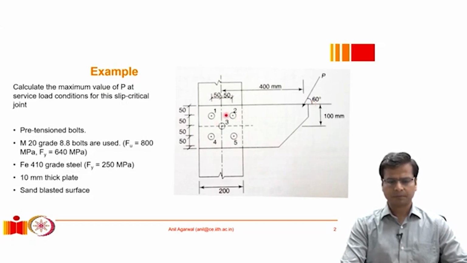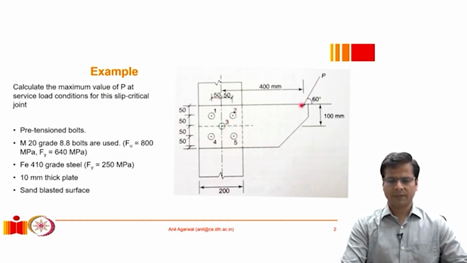So the connection between the column and the bracket is shown here, which basically specifies that there are 5 bolts. 4 of these bolts are at the periphery and 1 is at the centroid. The spacing between the bolts is 50 millimeters each in the horizontal as well as vertical direction. So in this direction also the spacing is 50 millimeters.